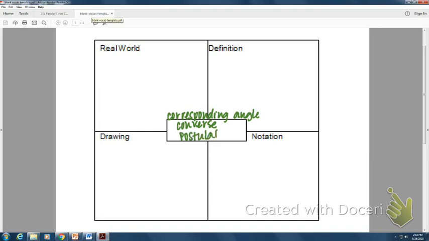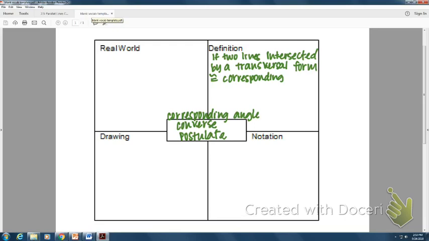What's a postulate? Very good. Accepted without proof. Okay, if 2 lines intersected by a transversal form congruent corresponding angles, then the lines are parallel.